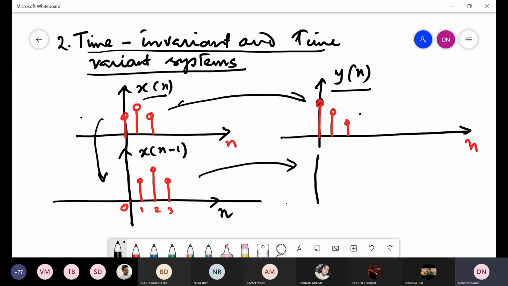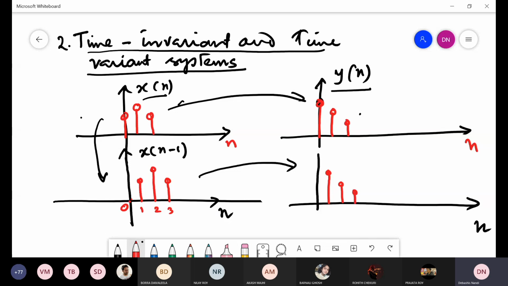And if you see that the system is producing the same shape of output like this, but the output is also delayed. That means actually you are getting yn minus 1 at the output.